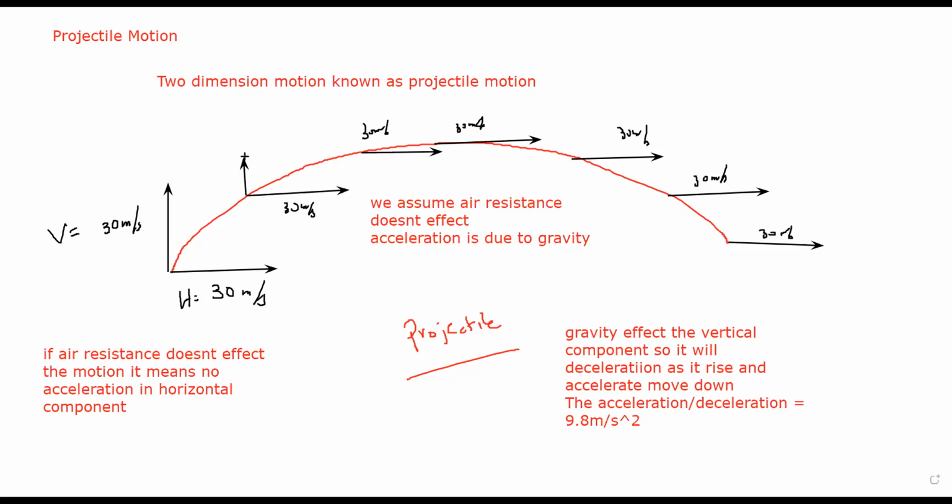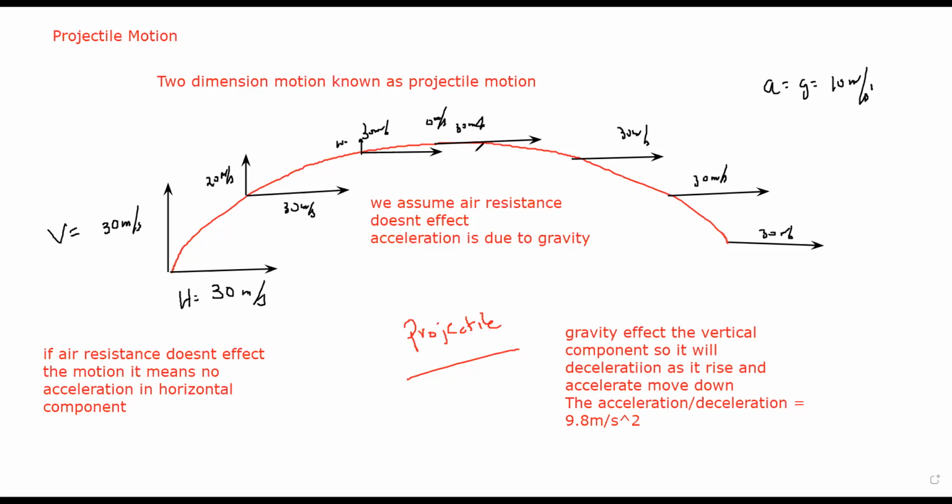When you solve a question, you will take 9.8, but for explanation I'm taking 10. So after 1 second, the vertical velocity will be 20. After 2 seconds, it will be 10. And after 3 seconds, there will be no vertical velocity. So at the maximum height, the vertical velocity will be 0.